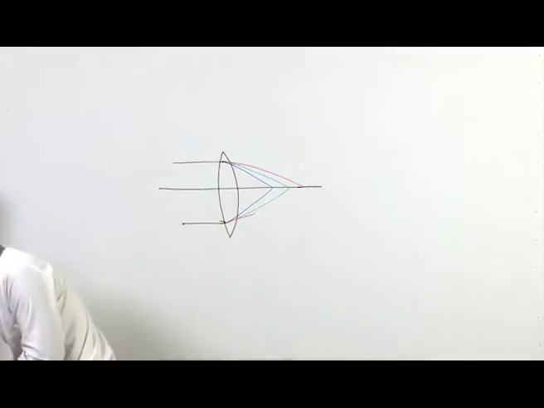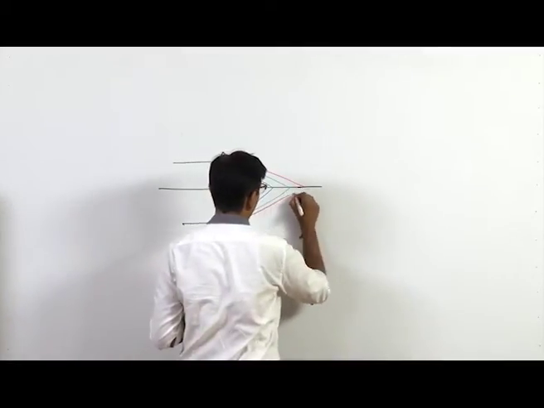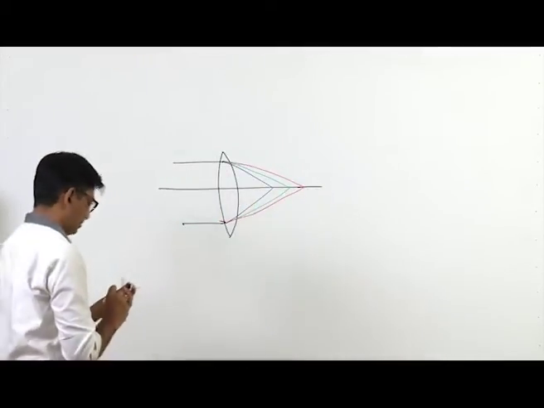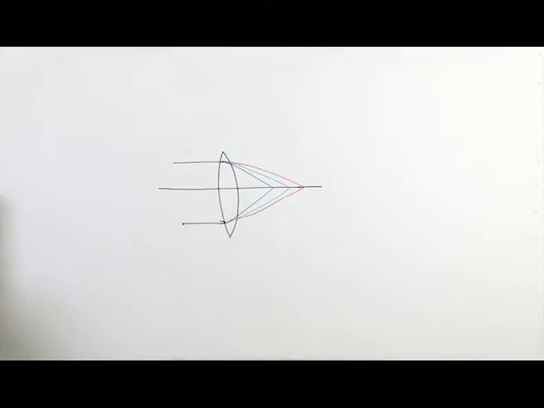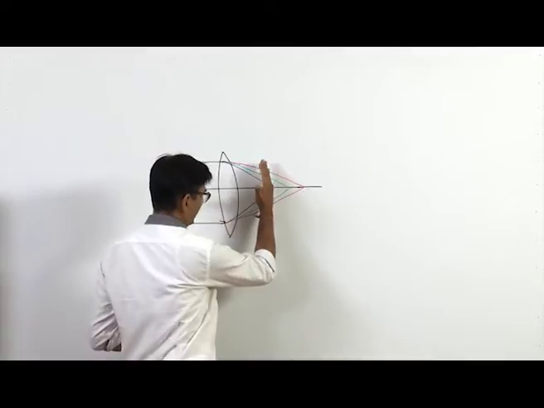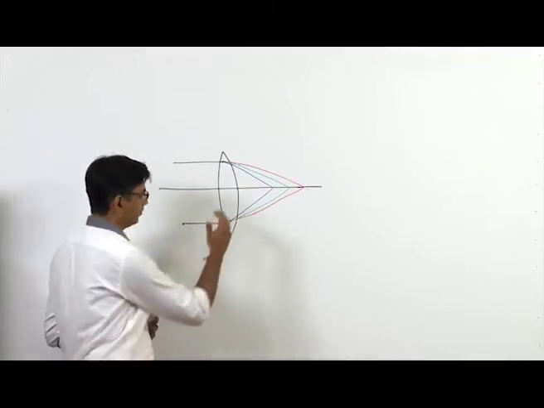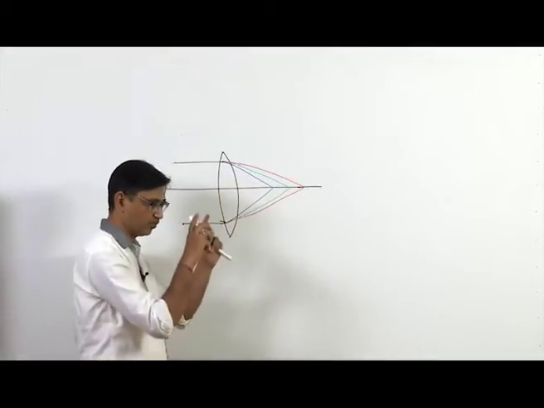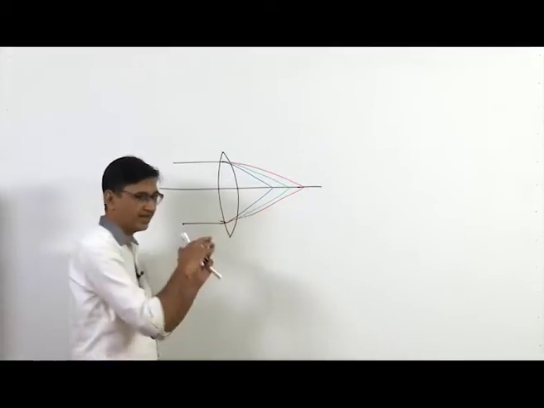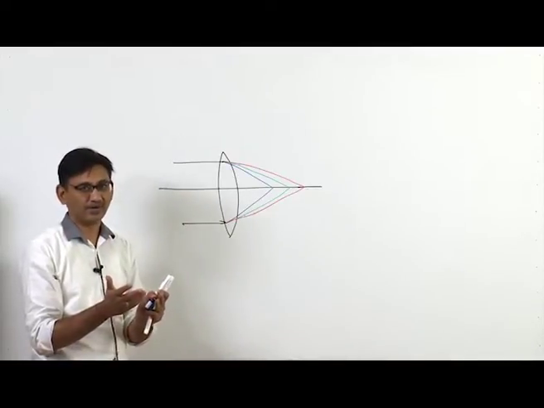Now, what happens in this case if my screen or my eye is here, at the blue one? A blue image will be clear and there will be a halo of red and green around the image.